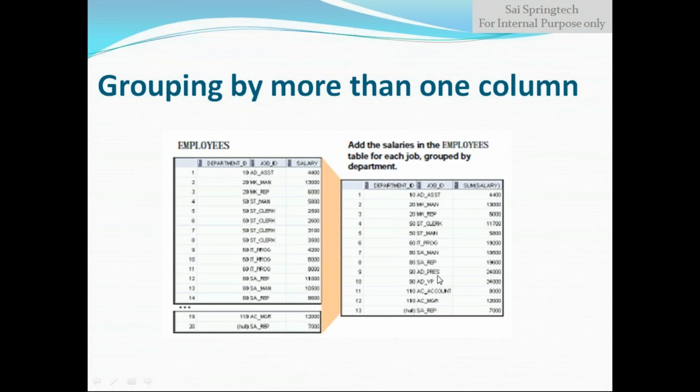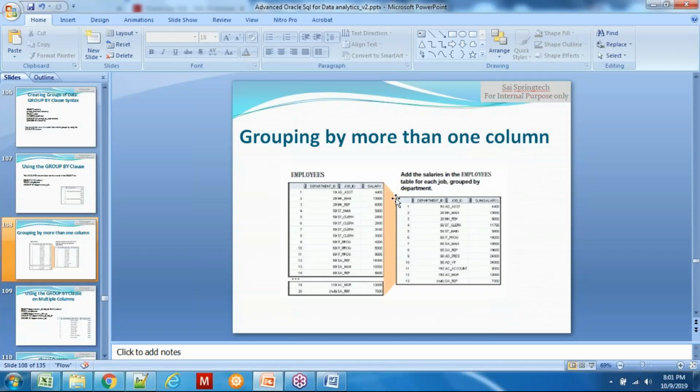My job ID is repeated here. So first I subdivided my table into each department, then within that department, I subdivided it into job ID, and then I got the salary. Let's see how that works.